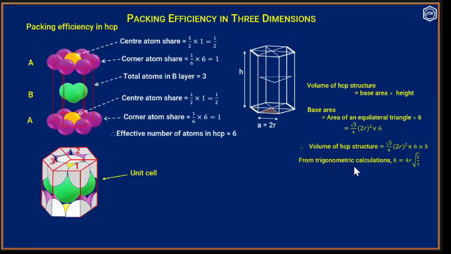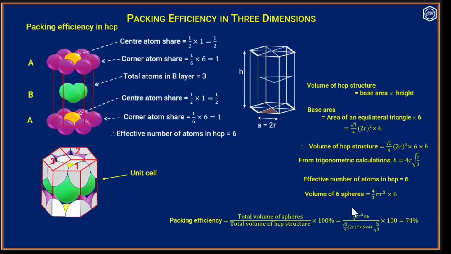And from trigonometric calculations we can show that the height is equal to 4r into square root of 2 by 3. The effective number of atoms in the HCP structure is 6. Therefore the volume of 6 spheres is 4 by 3 pi r cube into 6. Therefore the packing efficiency is total volume of spheres by total volume of the HCP structure into 100.